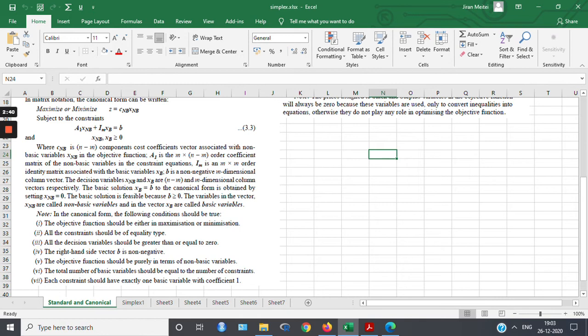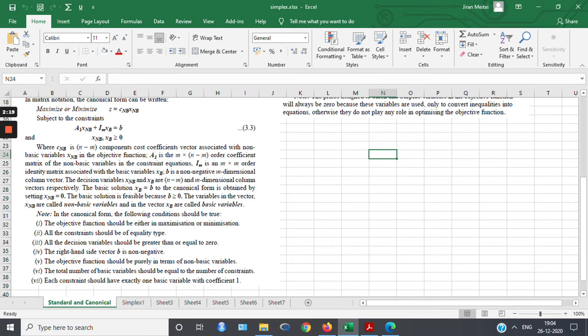Each constraint should have exactly one basic variable with 1 as the coefficient, so that when we combine the coefficients of these basic variables from all the constraints, we have an identity matrix.